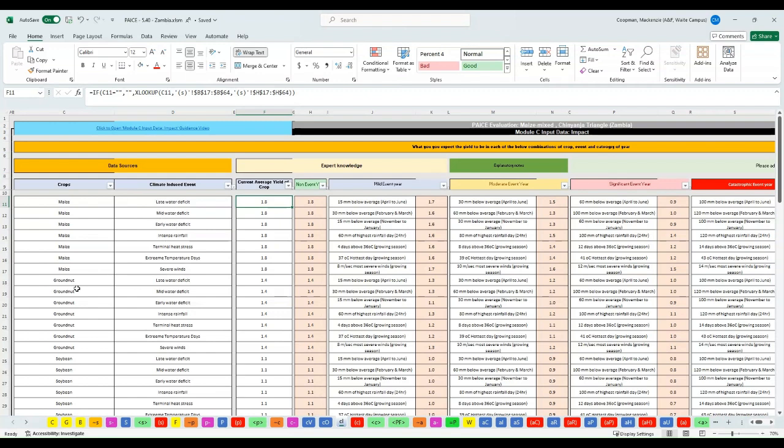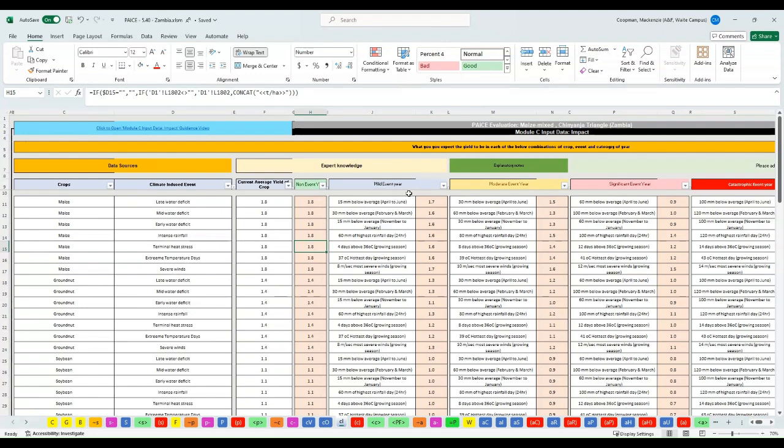So same deal for groundnut: mid-season, early season, late season, intense rainfall, terminal heat stress. For maize, in a standard year, maybe there is a little bit of terminal heat stress, which means that yields are slightly decreased. If you were to take that constraint away, how high would this go? Would this be a little bit higher? It's possible that it would be.